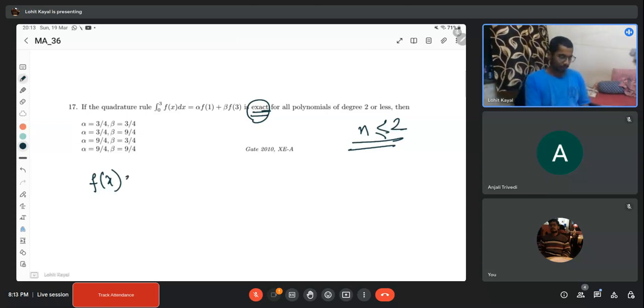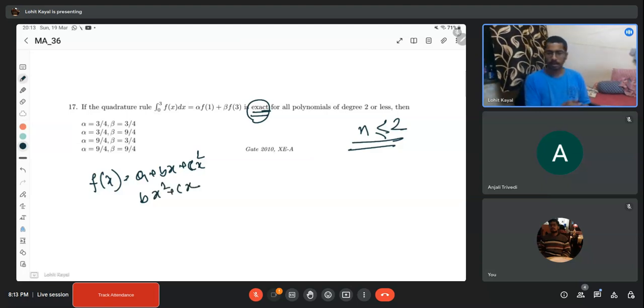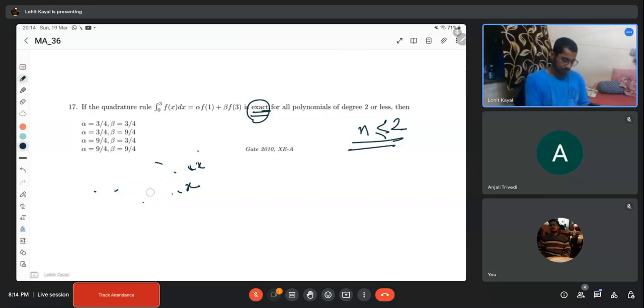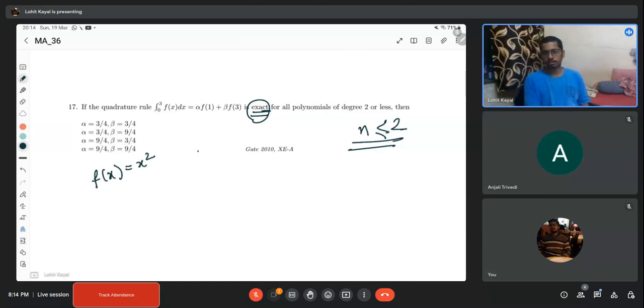So I can assume a plus bx plus cx square, or bx square plus cx, anything I want. But the simplest choice will be f(x) equal to x square. So this is the easiest choice.